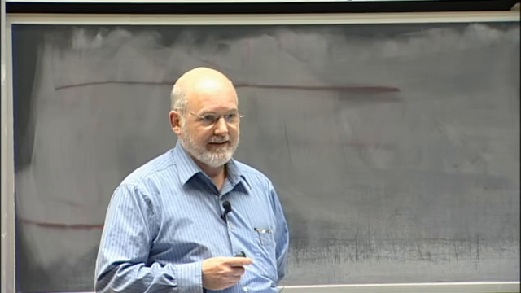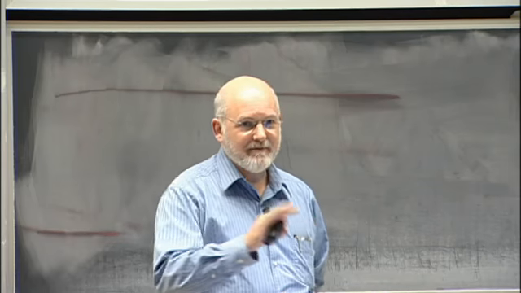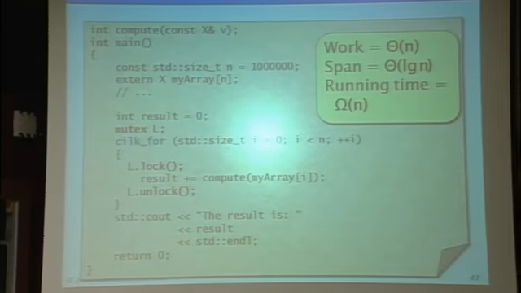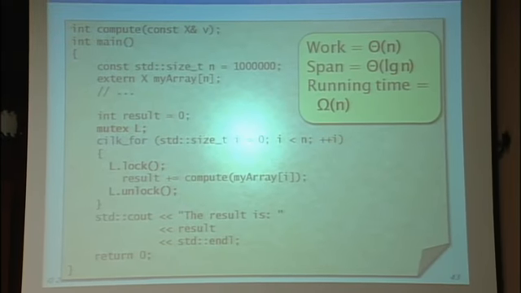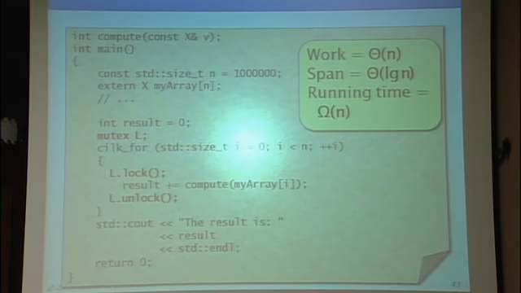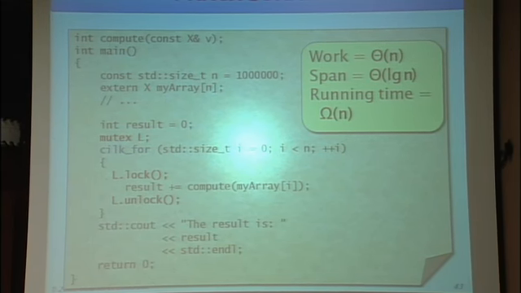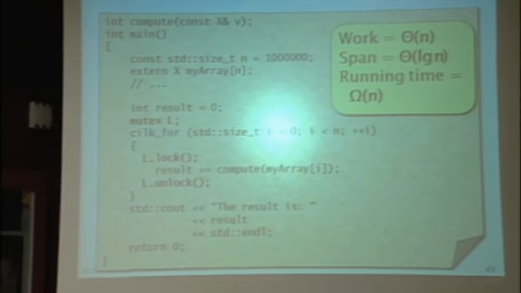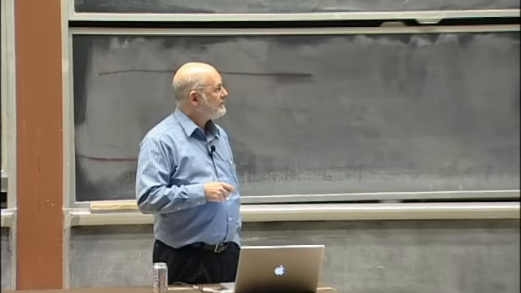Believe me, I have seen many people write code where they essentially do exactly this. They take something, they make it parallel, they have a race bug, they fix it with a mutex. Bad idea, because then we end up with contention on this mutex.